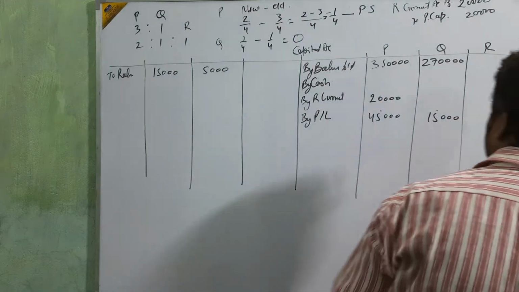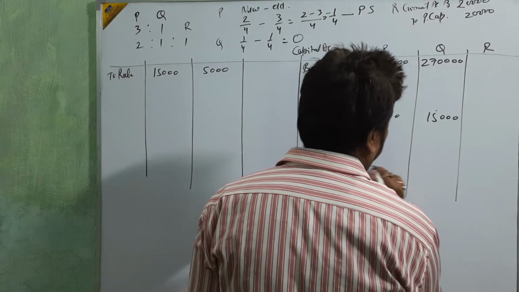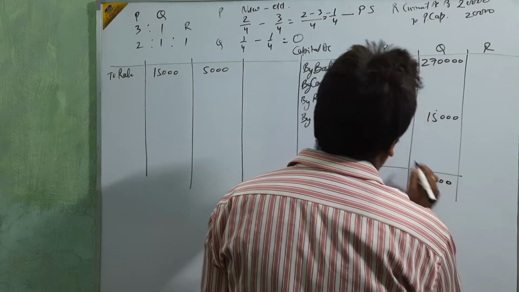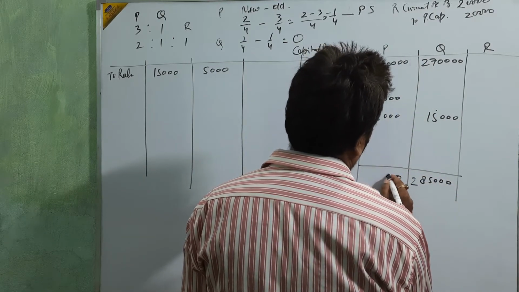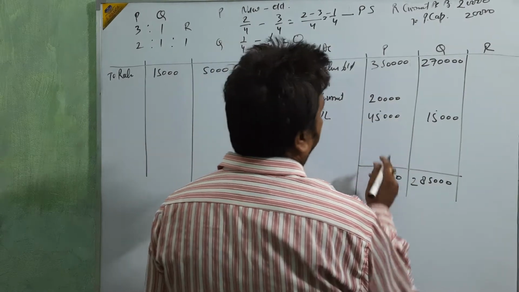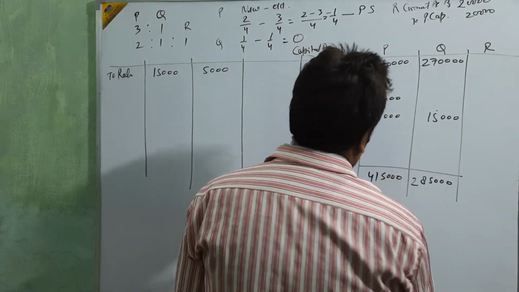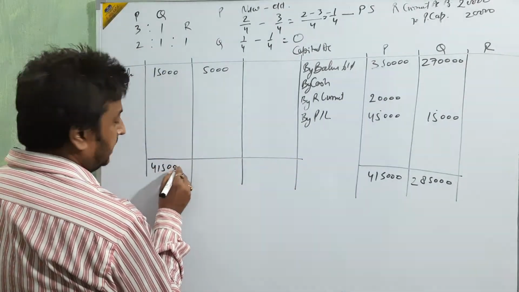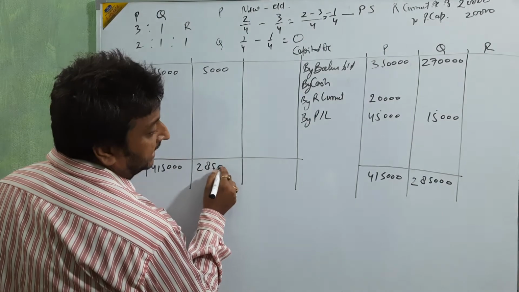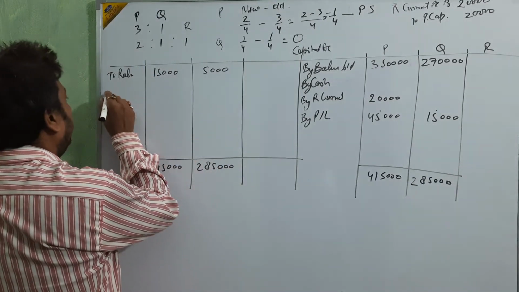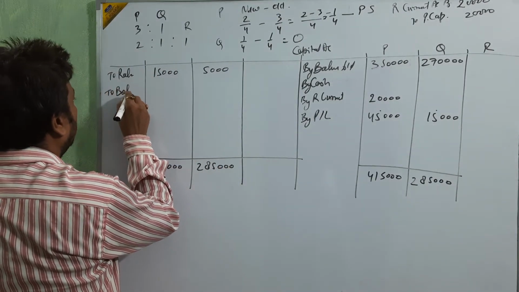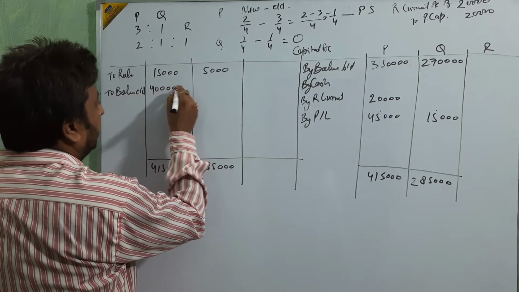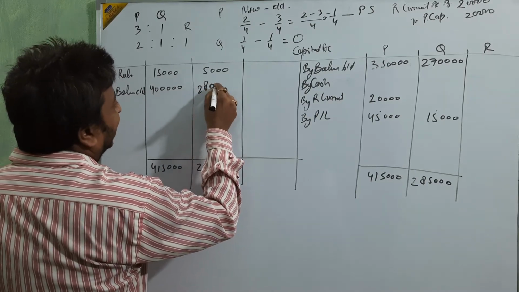Clear? Now let's calculate the capital of the new partner. 2,85,000 on this side and 4,15,000 on the other. Then the balance for C and D is 4 lakh and 2,80,000.